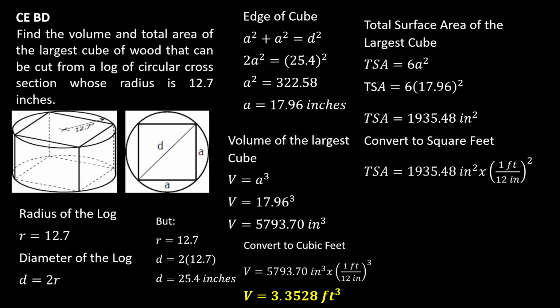That is why our computation is 1,935.48 square inches times 1 square foot over 12 inches raised to the second power. Finally, our total surface area is equal to 13.441 square feet, and as I recall, our volume is equal to 3.3528 cubic feet.